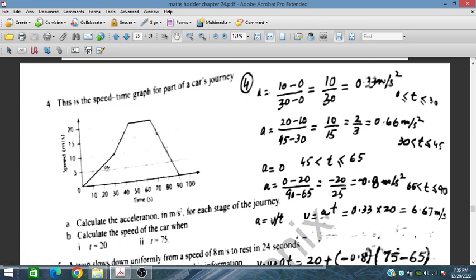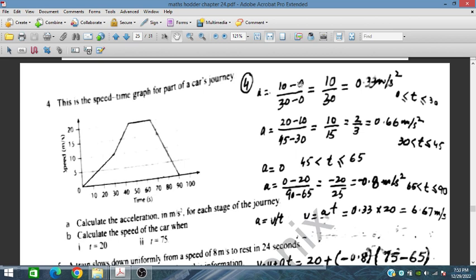So for this we have first step, second step, third step, and then the final fourth step. So from 0 to 30 seconds, the speed was increased from 0 to 10. So the speed increases. Final speed is 10.